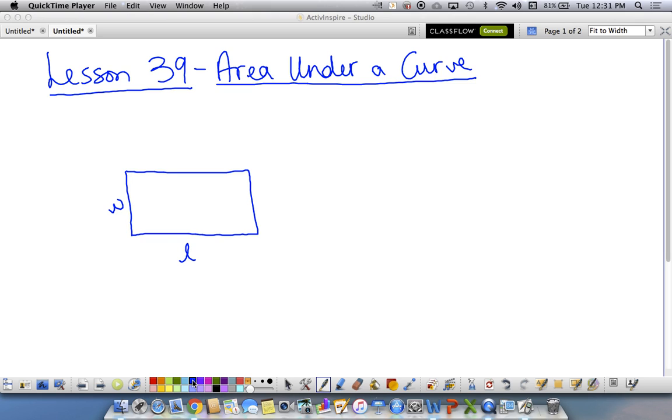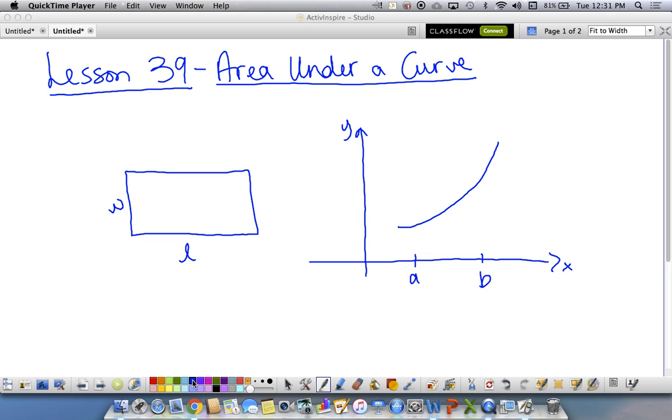Okay, if we have a curve on a plane, on the x-axis and on the y-axis, there's a curve, and right now they're limiting it to non-negative, increasing continuous functions over an interval from A to B. So we would look from A to B, and we would want to find the area under this curve.